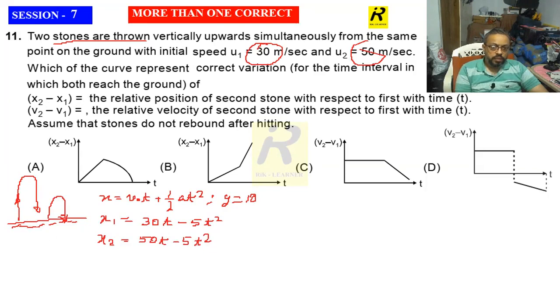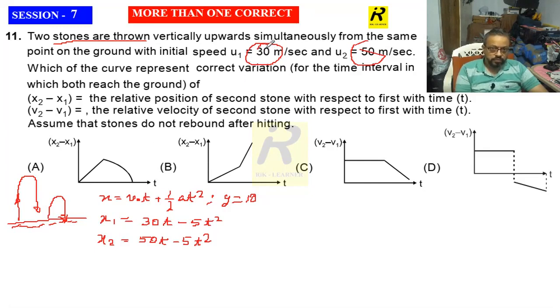But what I have to think about is the situation studied before the first stone reaches the ground. Let us think, just for the sake of information, after what time one of the stones will reach the ground first.